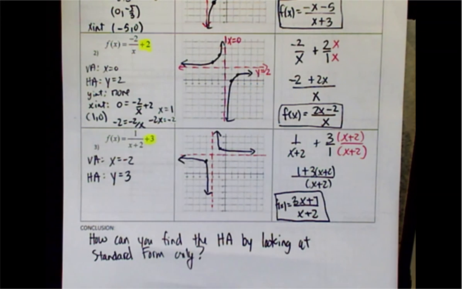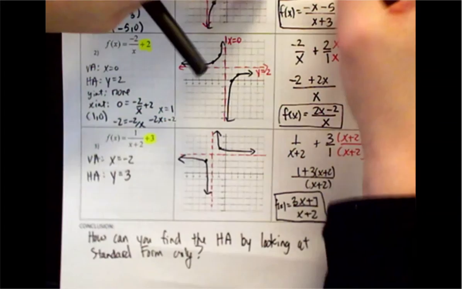What do we look at to find the arrows? The sign of what? Negative, positive, leading coefficient. Okay, there it is. You look at leading coefficient and degree. So I'm going to highlight the leading coefficient and the degree of both the numerator and the denominator, because it's a ratio of polynomials. So look at both of them.